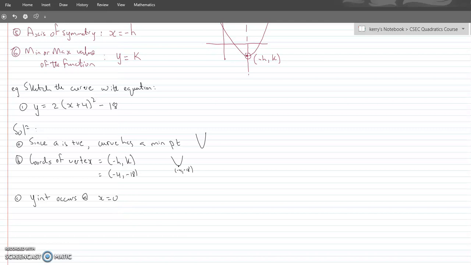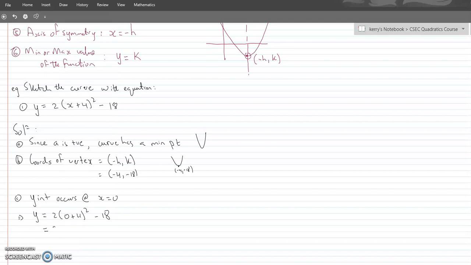Since it occurs at x is equal to 0, you just take x as 0 and solve for y. So our equation is y is equal to 2 into 0 plus 4 squared minus 18. Again, we use this equation and replace x with 0.